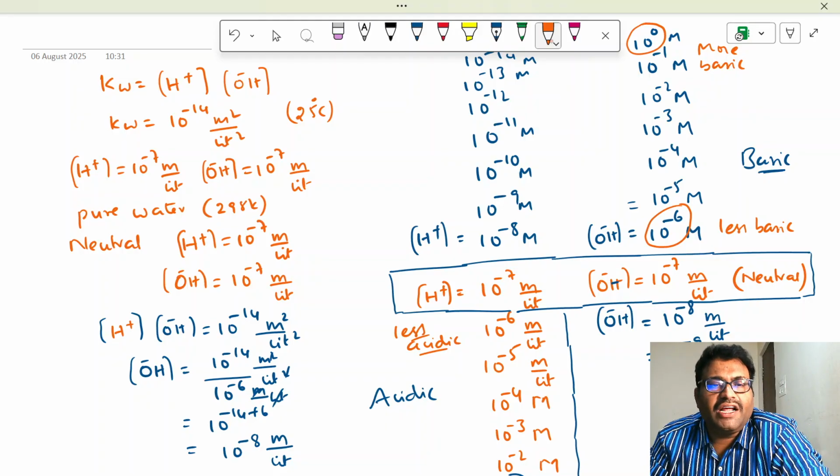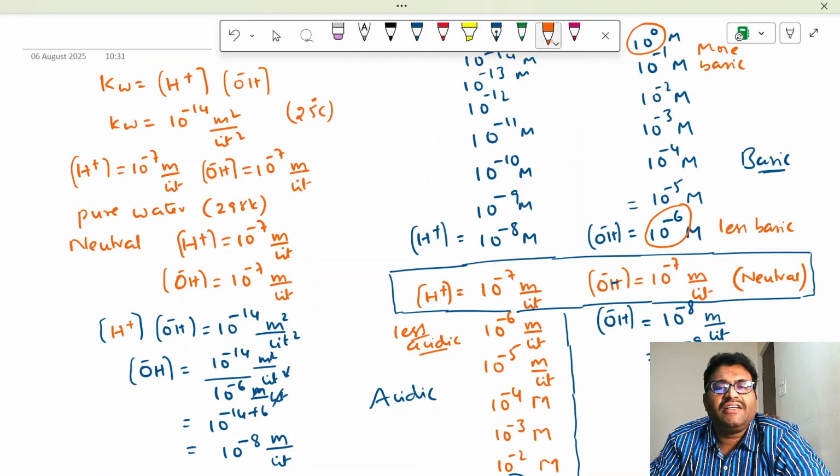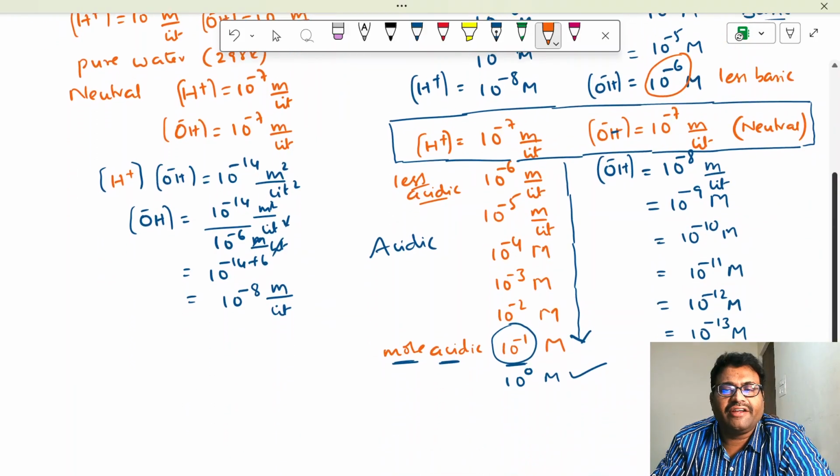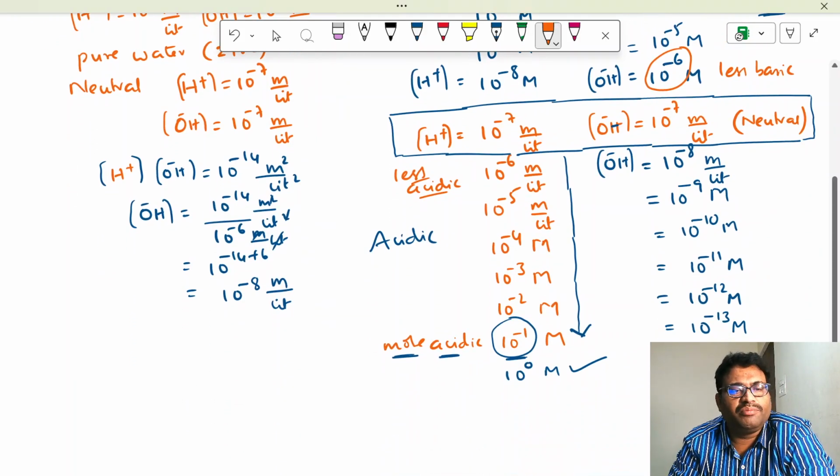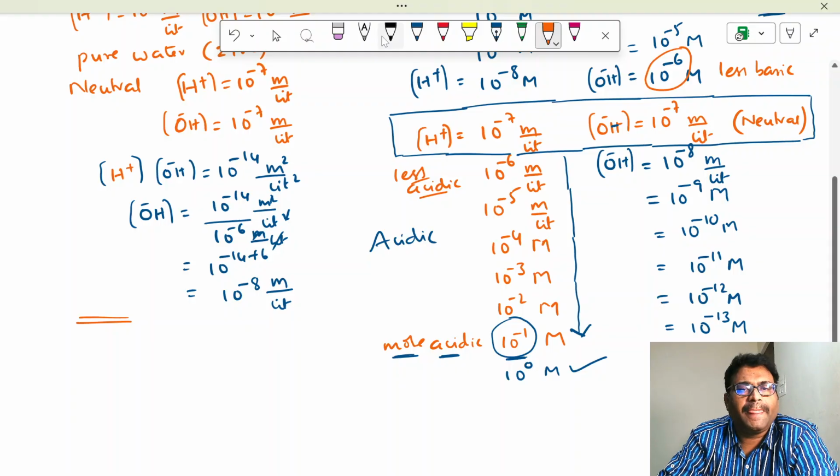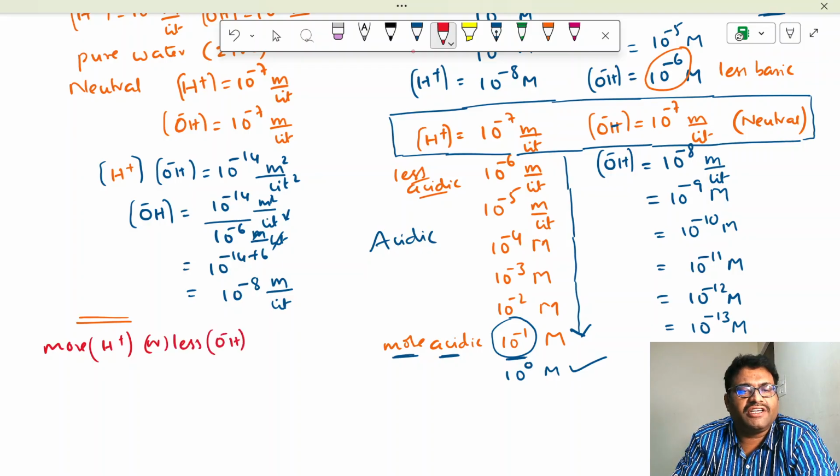So simple understanding is that if H plus ion concentration increases, simple what you can write, more H plus ion concentration or less OH minus ion concentration, it will be acidic solution.